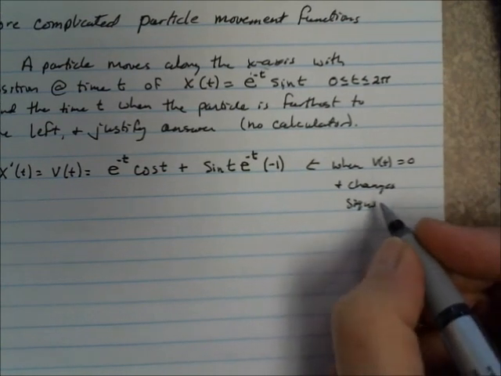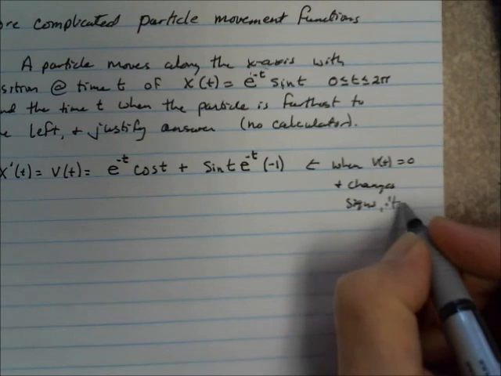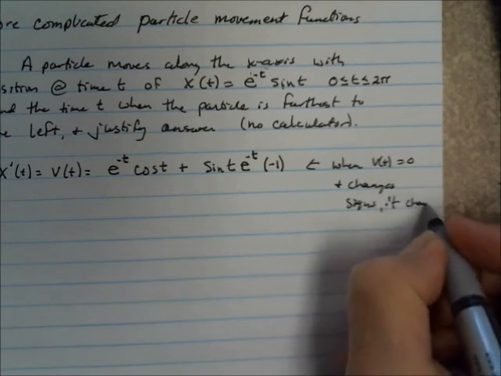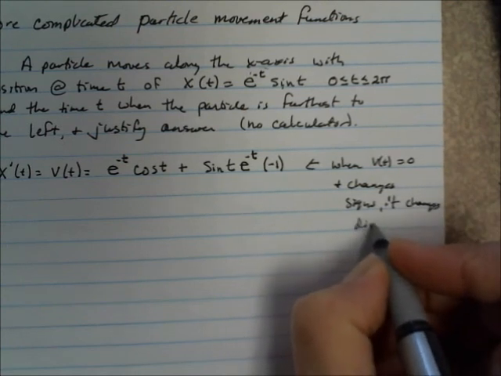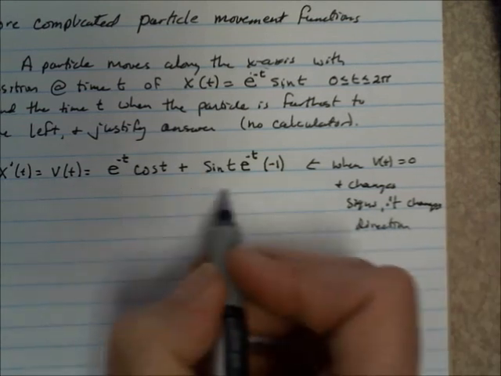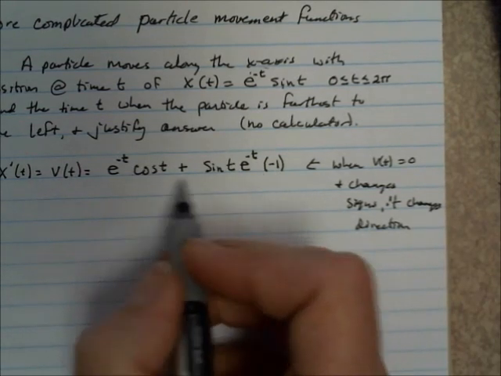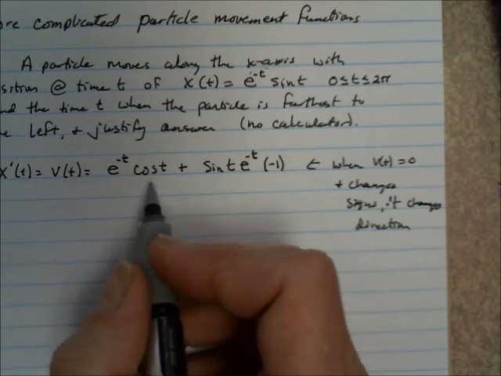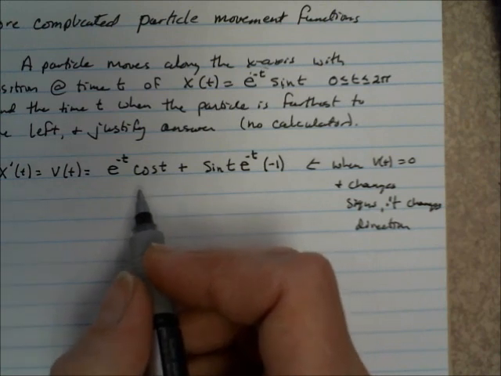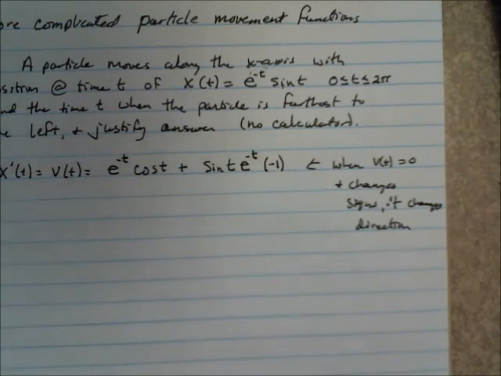It turns around, or it changes direction. So what we're going to have to do is set this equal to 0. Well, the way to do that is factor it completely and set each factor equal to 0.